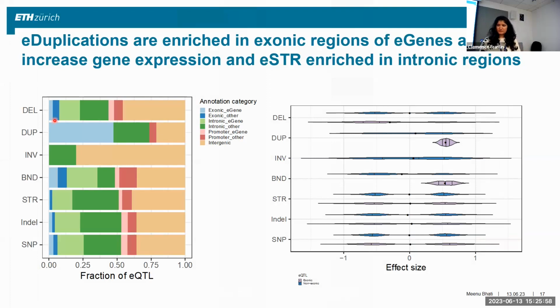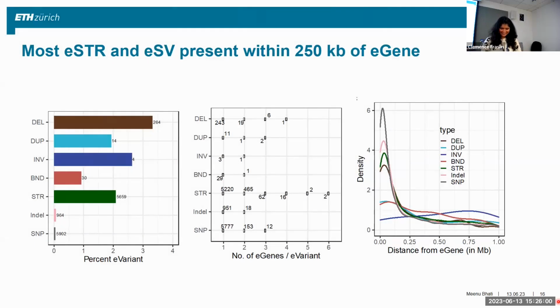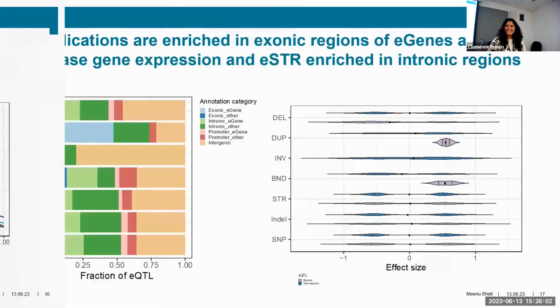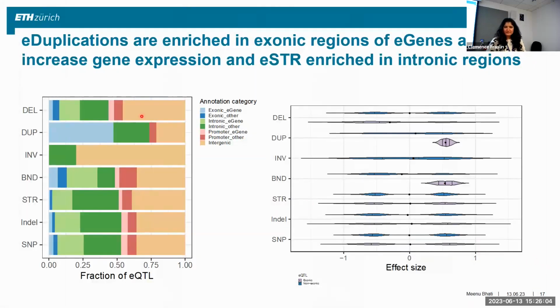So when we calculate the Fisher exact test based on all variation, we identify that deletions and duplications are mostly enriched in the exonic regions of eGenes.